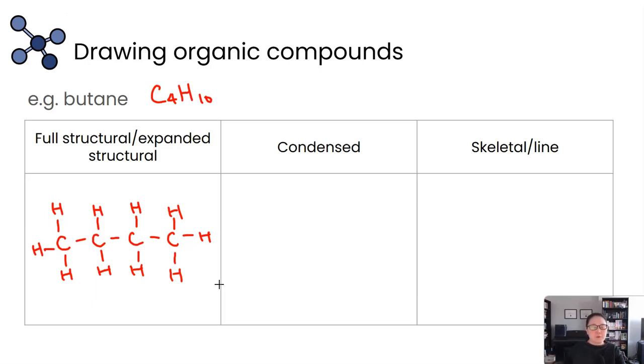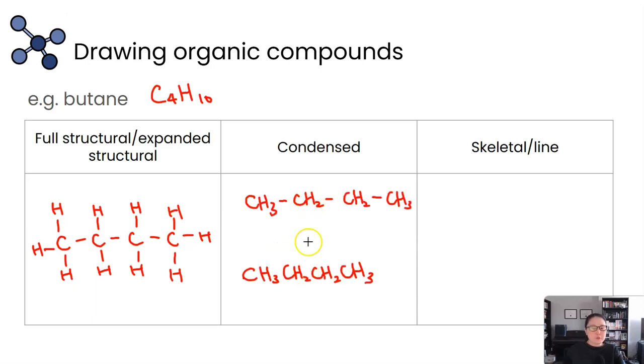For the condensed one, what happens is that you are going to have all of the carbons and you are going to write all of them, and you do end up writing all of the hydrogens as well, but you take advantage of the fact that all of these carbons are going to have hydrogens attached to them. The difference is going to be how many and whether there are other bonds. So the condensed version of butane is going to look like this.